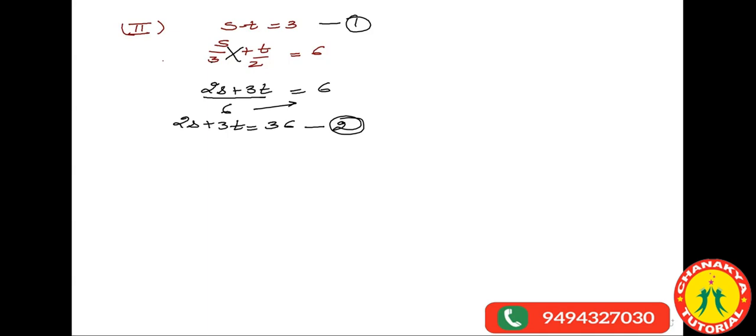Ma'am, did you solve the question or is this the question? You have to solve the question, beta. The first equation is s minus t is equal to 3, and the second is 2s plus 3t is equal to 36. Ma'am, I didn't get why you made it into 2s plus 3t by 6. I have taken the LCM.